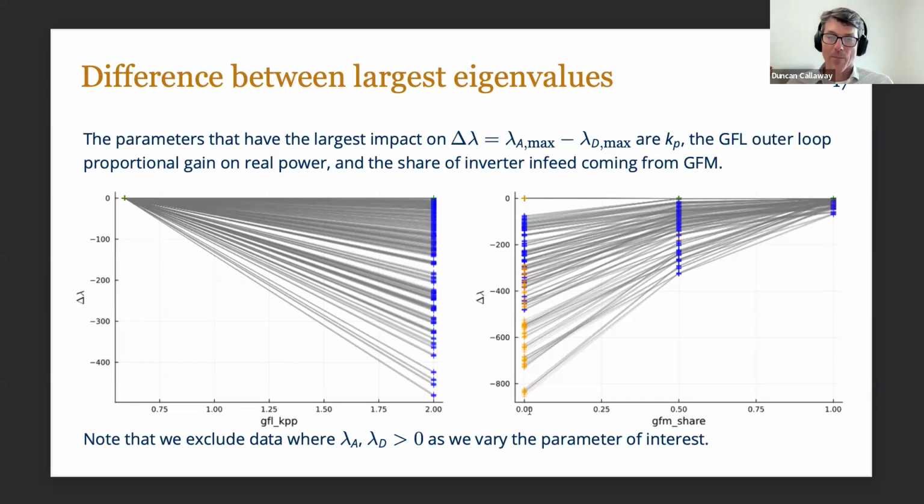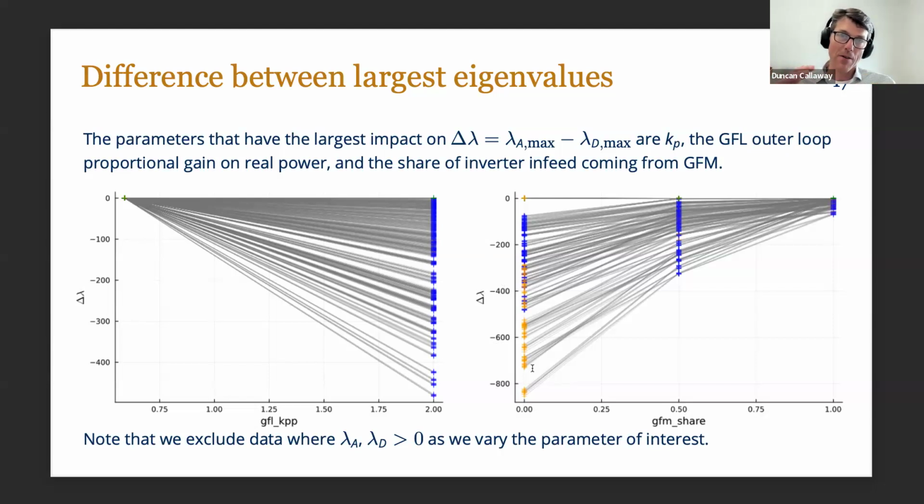And similarly, over here, this is showing again this delta lambda. Again, negative means the dynamic has a larger eigenvalue, tends to be less stable. And then versus the share of inverter-based resources that are coming from grid-forming inverters.